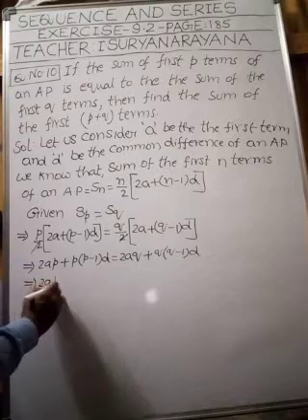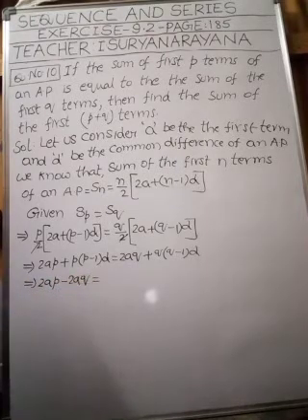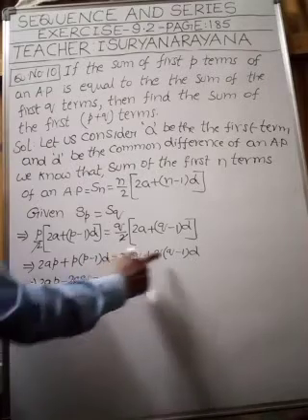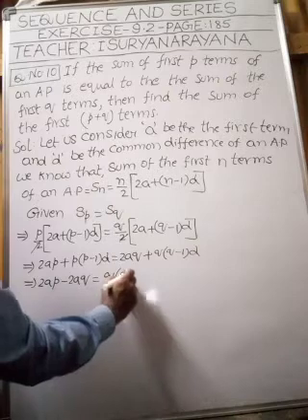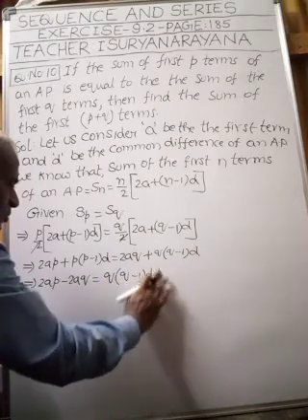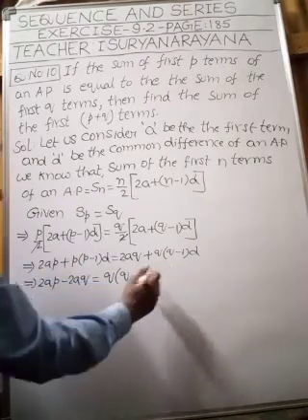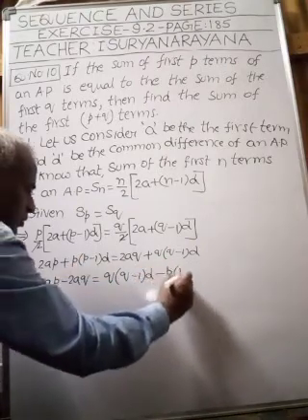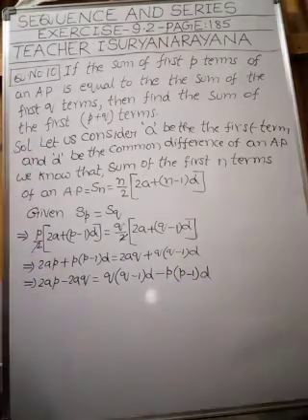So 2ap minus 2aq is equal to, now let us write the d terms that side, q into q minus 1 into d plus, transposing this term to that side, minus p into p minus 1 into d. Okay, my children?